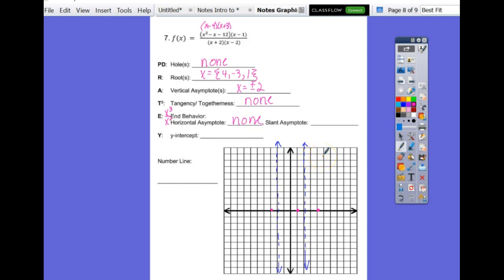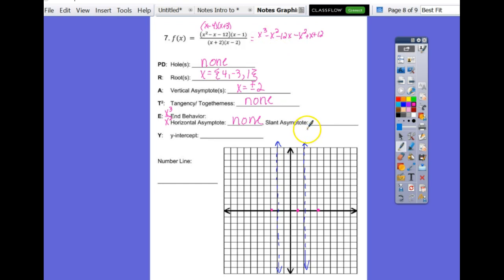To do that, you have to multiply everything together. So I'm going to use this form right here times the x minus 1. If I take x times each of these, and then the -1 times each of those, and combine like terms, I'm going to get x to the 3rd minus x squared minus 12x minus x squared plus x plus 12.